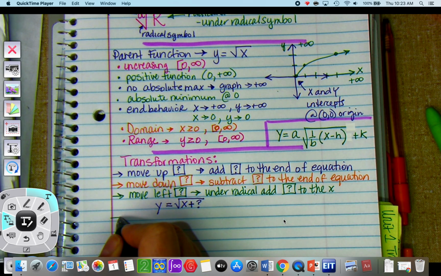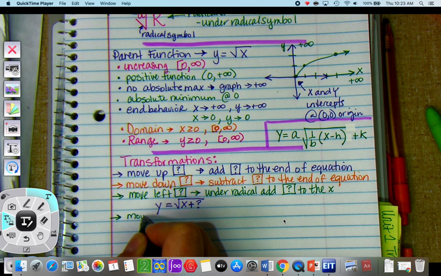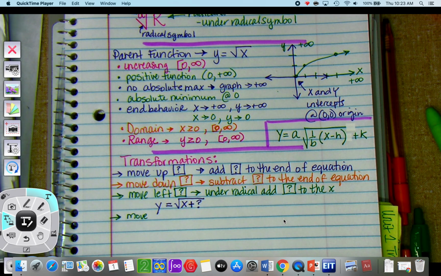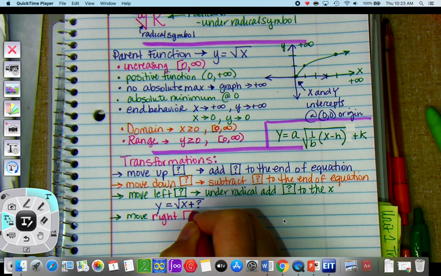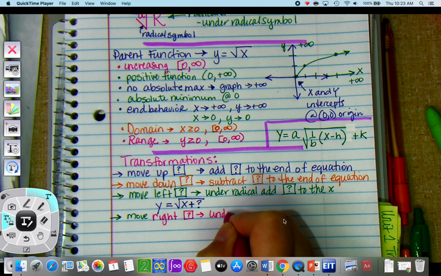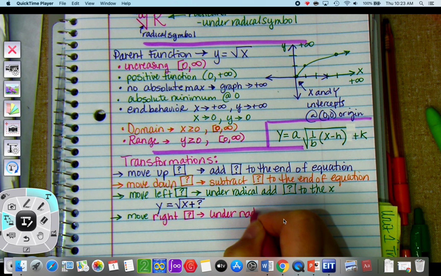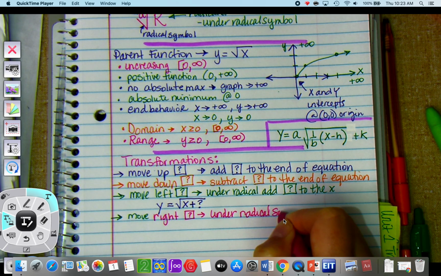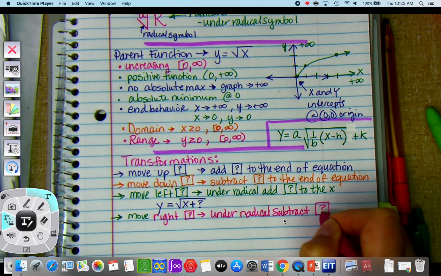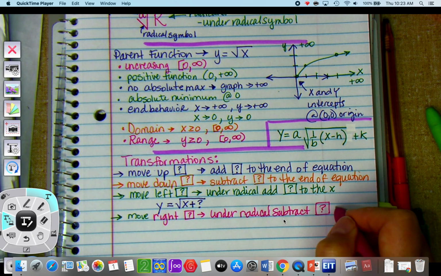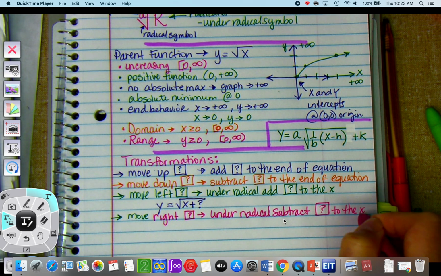And then the opposite, if you want to move right any number of units under the radical, you're going to have a subtraction sign. So you're going to be subtracting whatever that number amount is to the x only under the radical.